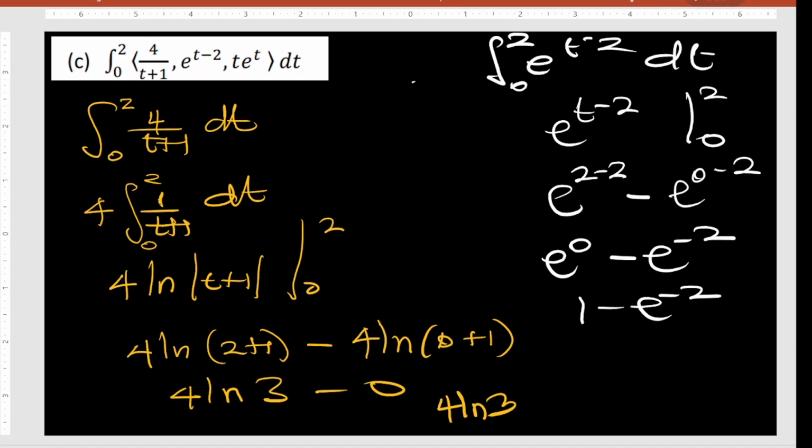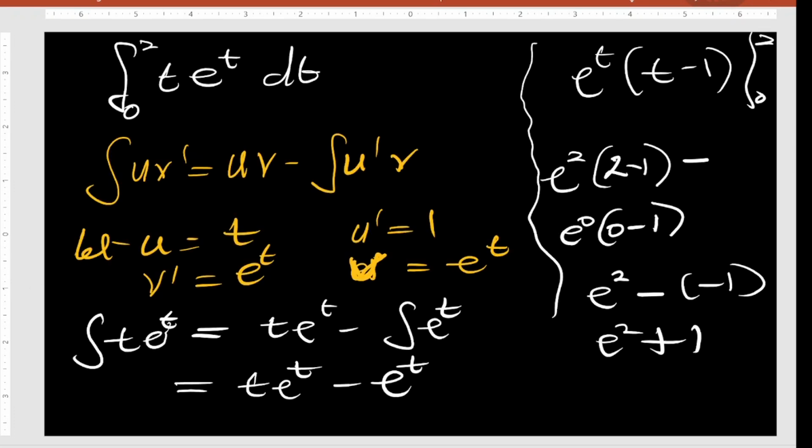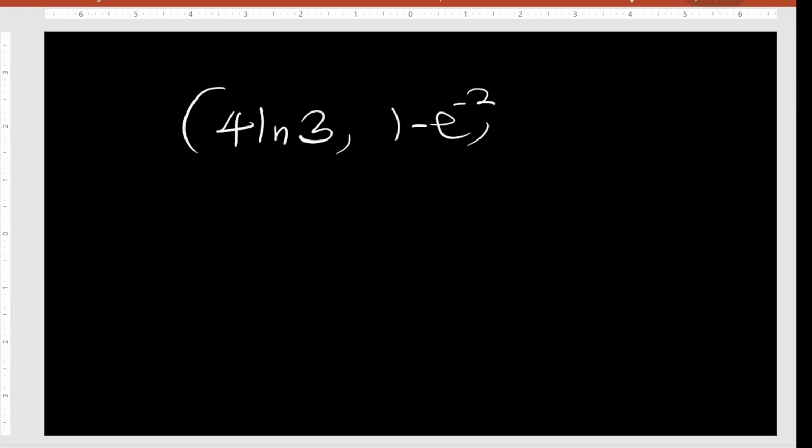Then the next one was 1 minus e exponent negative 2. And the last one, we obtained e squared plus 1. So this is the result of the integration of our vector function.